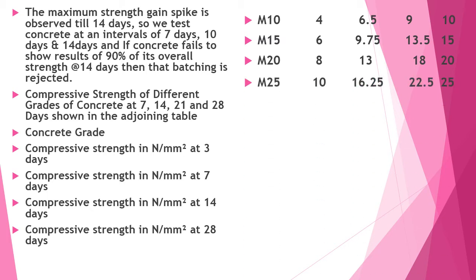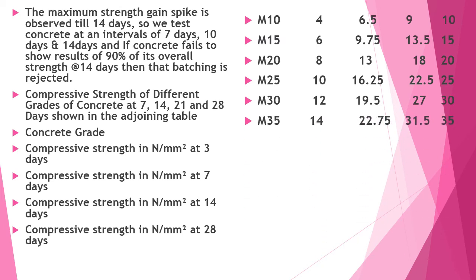M25 gains 10, 16.25 at the rate of 7 days, 22.5 at 14 days, 25 in 28 days. M30, 12 in 3 days, 19.5 in 7 days, 27 in 14 days and 30 in 28 days.